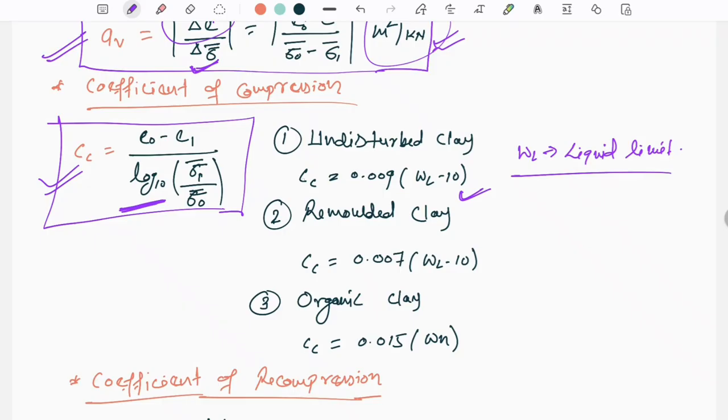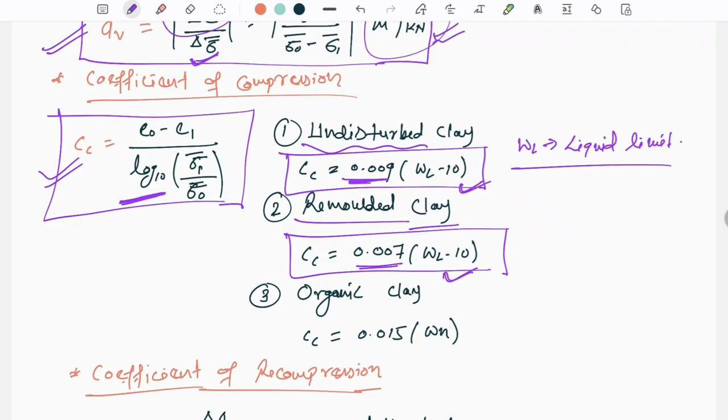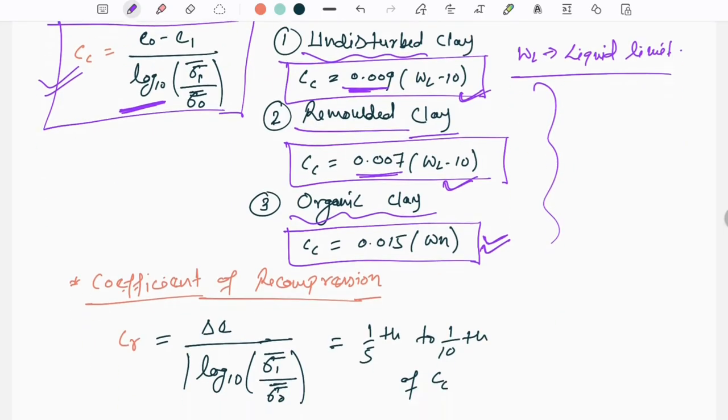This expression is used when the clay is undisturbed clay. For remolded clay the expression will change: instead of 0.009, it is 0.007 for the remolded state. The rest remains the same, WL minus 10, where WL is the liquid limit. And the third one is for organic clay, where Cc is directly equal to 0.015 into Wn, where Wn is the natural water content. So these expressions are used to find Cc.